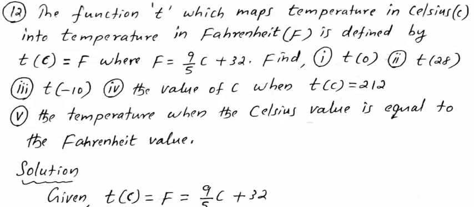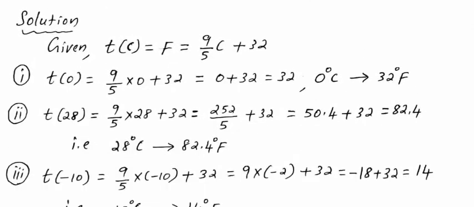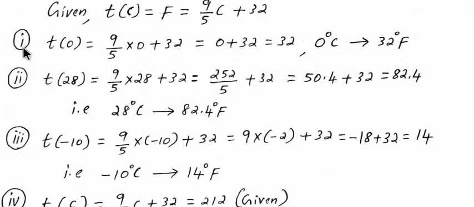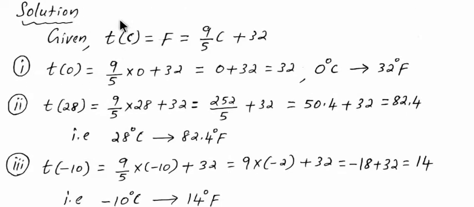Then the first one. What is the first question? Here we have to find T of 0. T of C is given, and we have to find T of 0. Very simple, just substitute C is equal to 0.